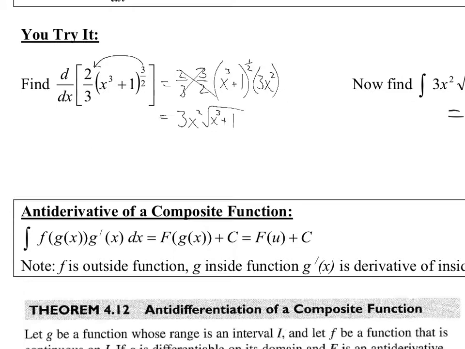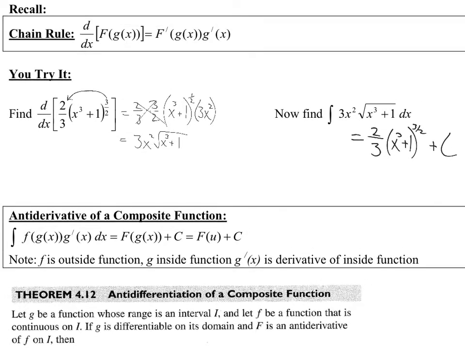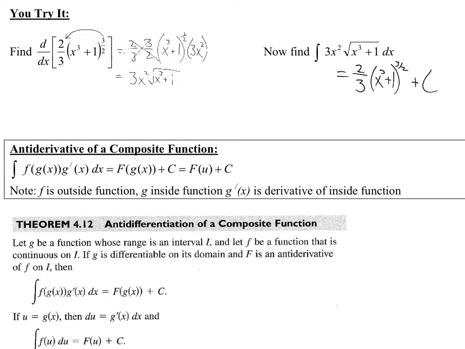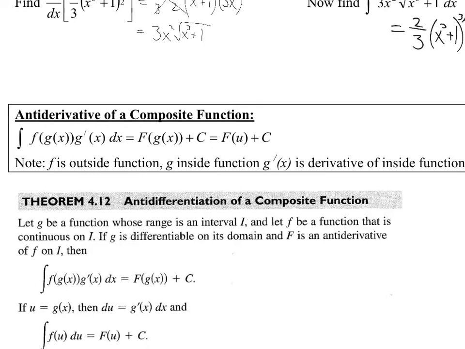Okay? Now, we're going to simplify some notation here as we go along, but notice here, f is the outside function, g is the inside function, and g prime is the derivative of the inside function. Okay? So let's actually look at this by substituting a little bit.